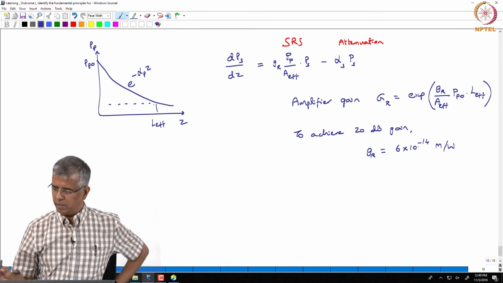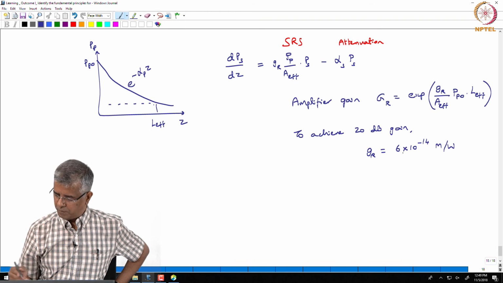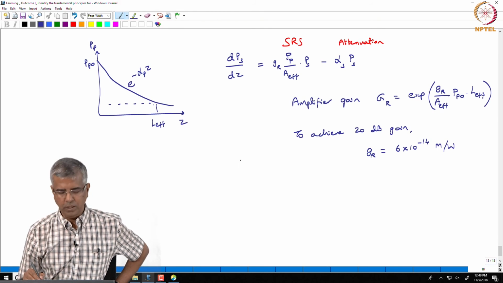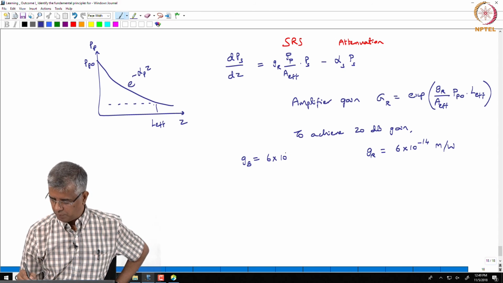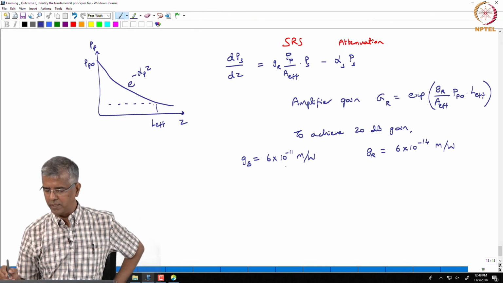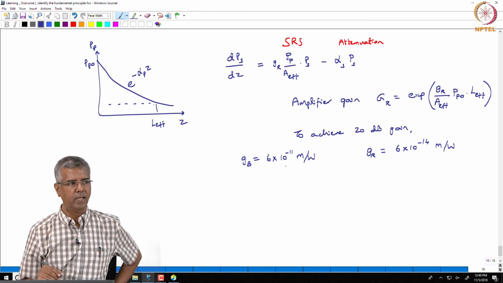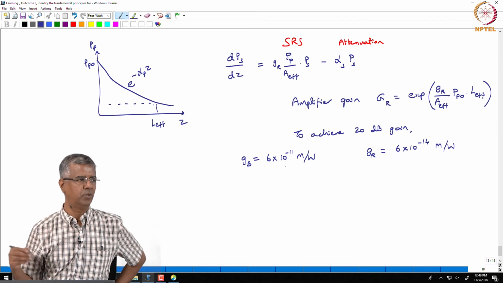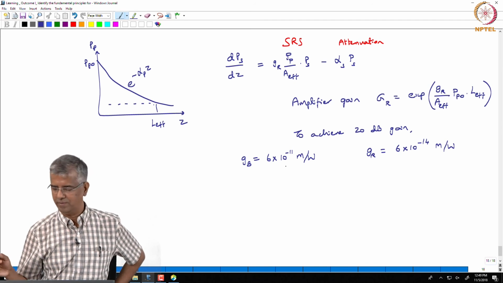To give you a perspective, the Brillouin gain g_B is 6 times 10 to the power minus 11 meter per watt. So, Brillouin gain is actually 3 orders of magnitude larger than the Raman gain.